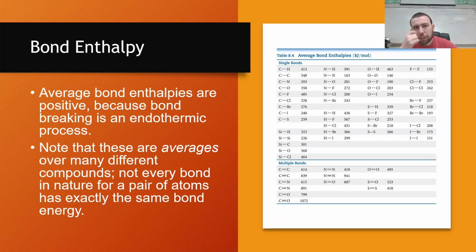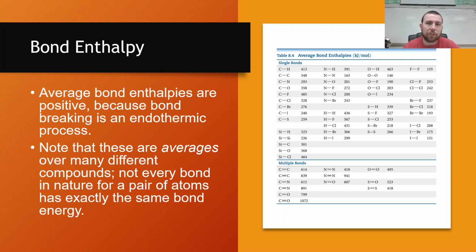When you start to look at a table, like what's provided here, which is also in your textbook, it's going to be an average bond enthalpy. That's important because the values in the table are averages. If you look at individual substances, you might find some deviations in a carbon-hydrogen bond.